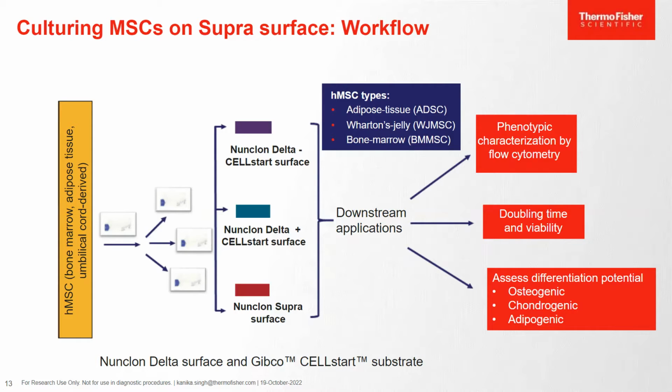If you are growing the cells on a regular surface with ECM coating, what is the expression of surface markers? That we compared with the cells grown on Supra surface. And lastly, we assessed the differentiation potential of these cells. Is there any change in the differentiation potential when the cells are grown on Supra surface in the absence of ECM?